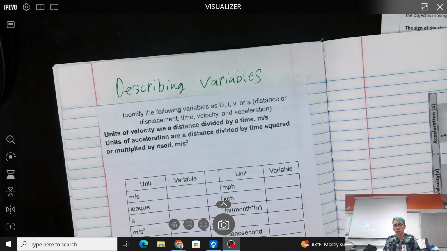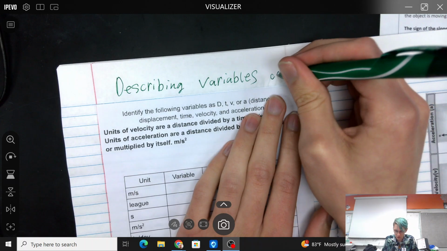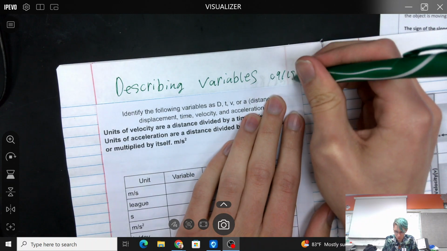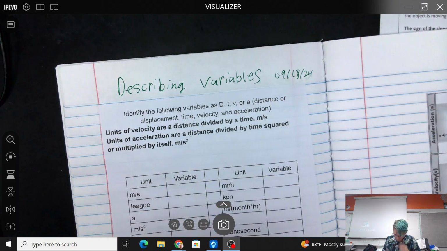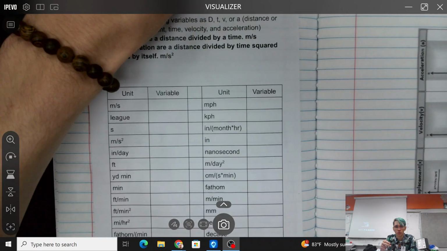I was just breaking down what variables are what, and this is 09, 18, 24. So let's talk about how we do this.